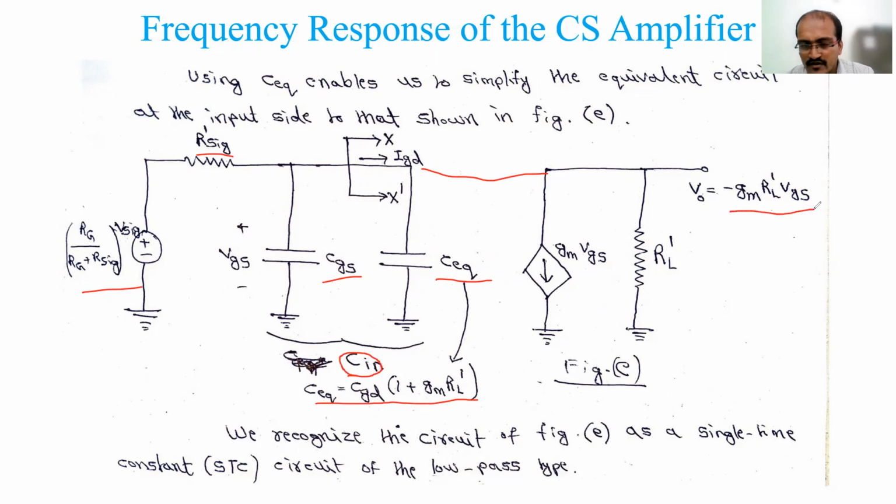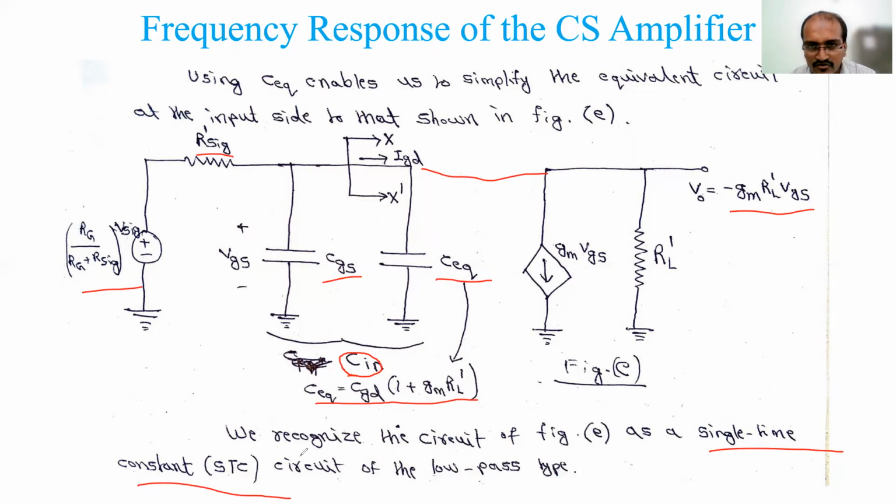That is the value. Whatever analysis we have done, we can do in many ways, and what I have done is a very simple form of the analysis. We recognize the circuit of figure B as a single time constant circuit of the low pass type. You can Google what a single time constant circuit is.